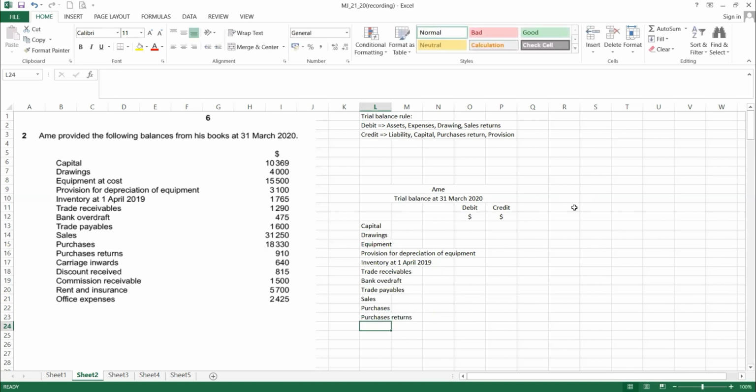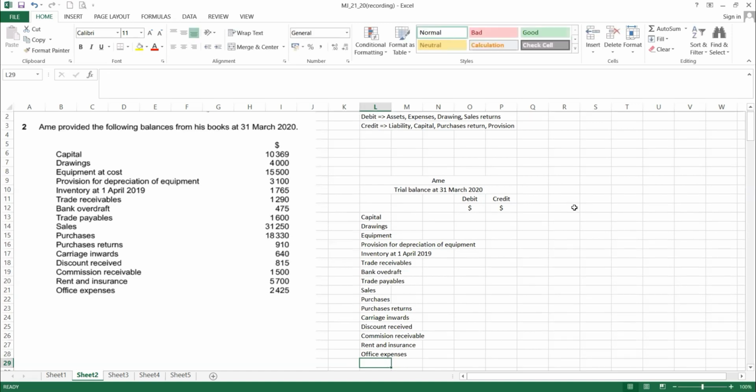Later I will list out the section each belongs to so it is easier for you. Then carriage inward, discount received, commission receivable, rent and insurance, office expenses.